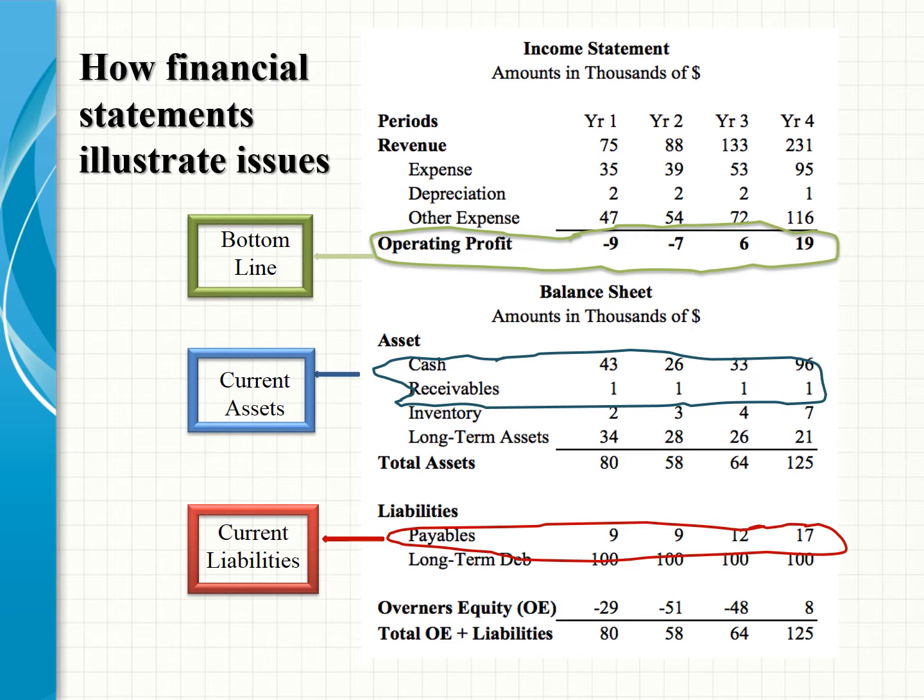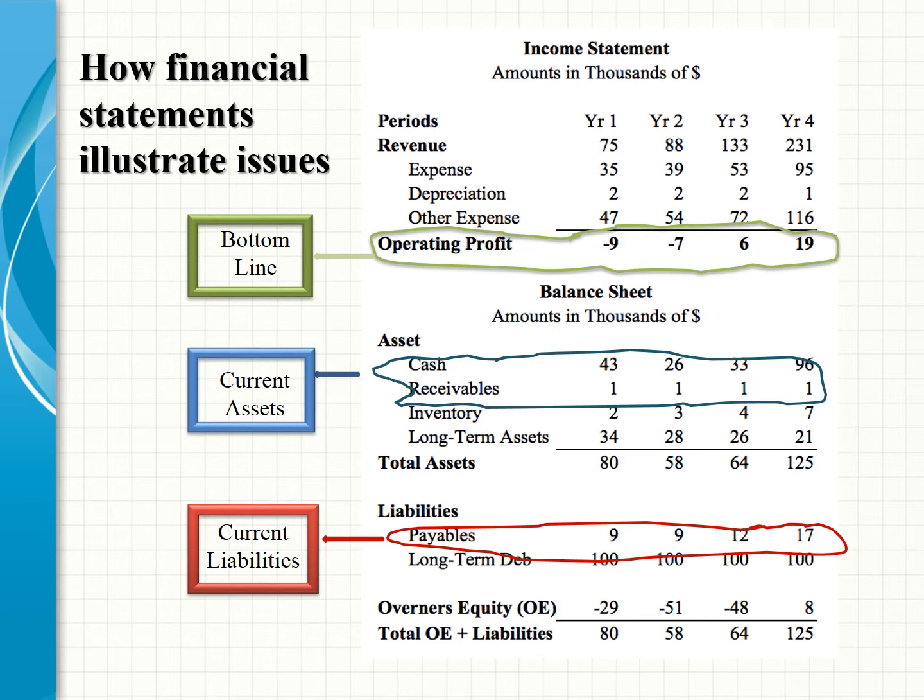In year 3, current assets total $34,000, $33,000 cash and $1,000 receivables, and liabilities totaling $12,000, which is the payables. Subtracting liabilities from assets leaves a balance of $22,000. This means the business is liquid because after paying off its payables, it still has $22,000 cash in the bank.